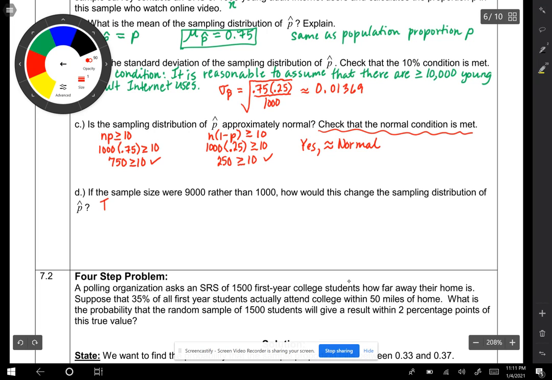So you can always do that. The mean would be the same, but the standard deviation would become smaller.